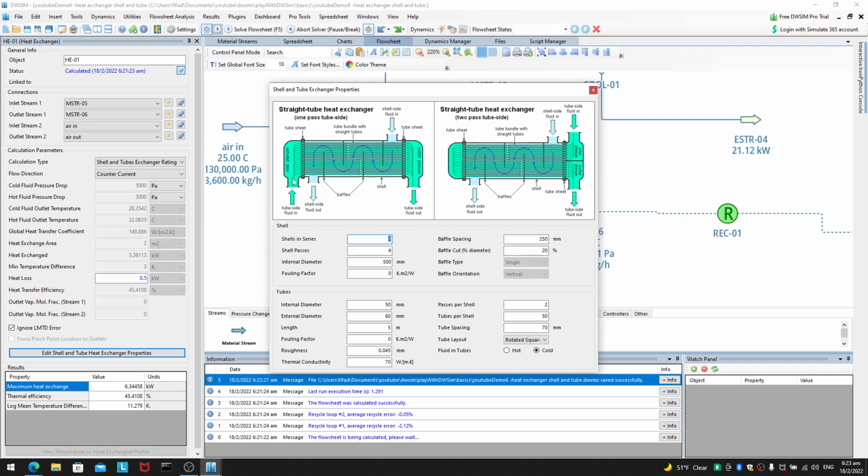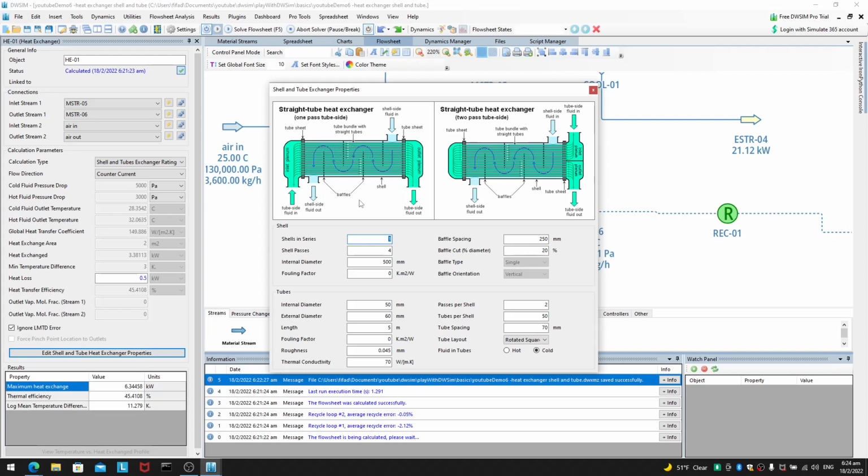Because the tube side fluid goes in, goes through all the tubes here, and then comes out. So the fluid goes one pass like that.